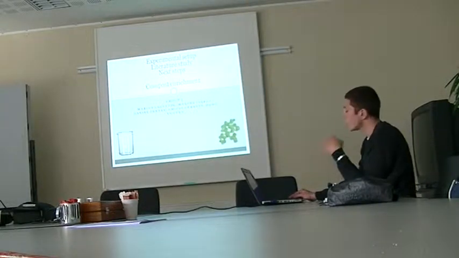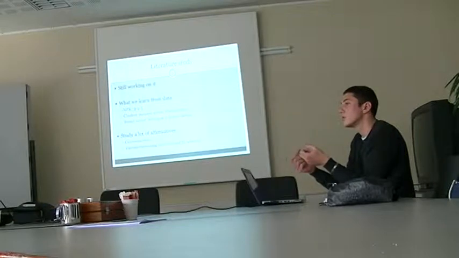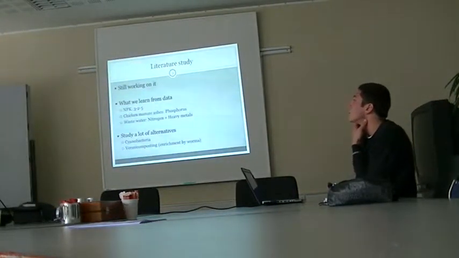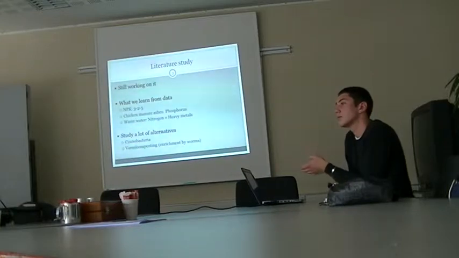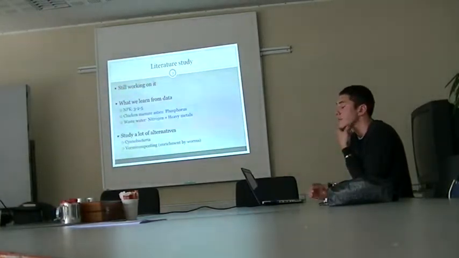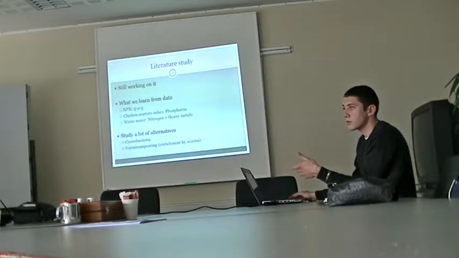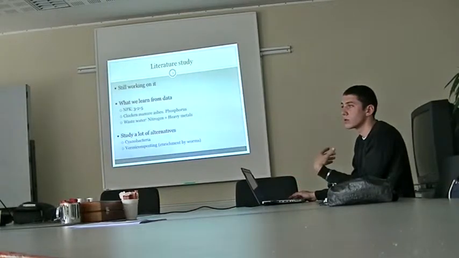It's very, very small, and it grows and it takes up the nutrients inside the water, and the lemna takes a lot of nitrogen and phosphorus. So it could be nice to enrich the compost actually. So we've made a lot of alternatives in the literature study, but we found out that the lemna is the most useful for us, I guess.